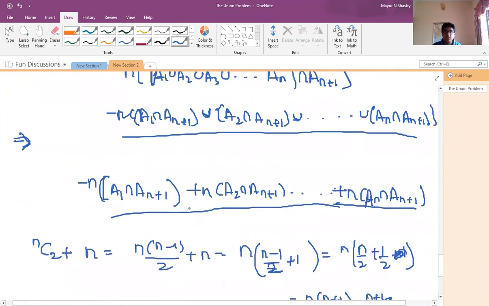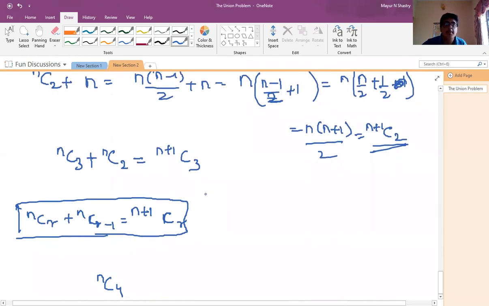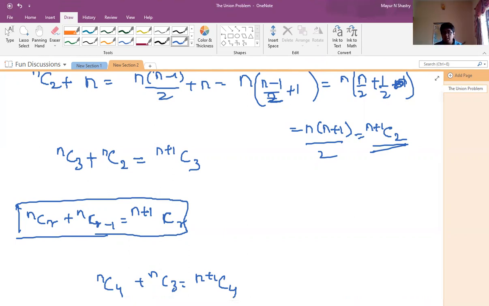Here, I need to take 3, because if I take An plus 1, the rest 3 elements are selected from the n. So n choose 4 plus n choose 3 again becomes n plus 1 choose 4, which matches. So on, up till n choose n plus n choose n minus 1 would give you n plus 1 choose n. So till that, this is true because of this result.